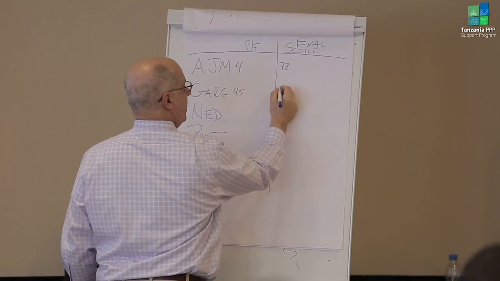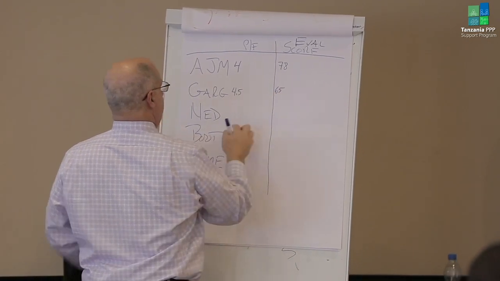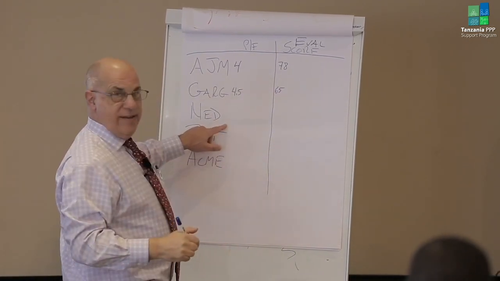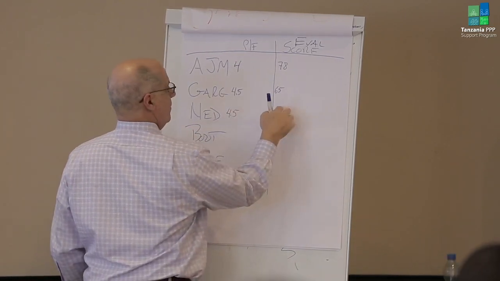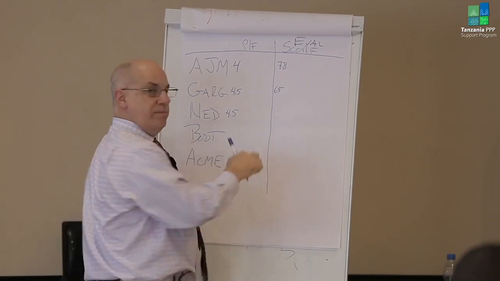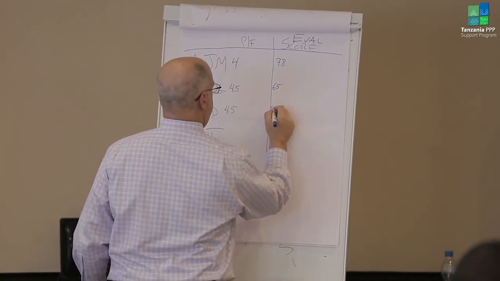78, okay. And then for Gargantuan? 4.5. Okay. The evaluation score? 65. Okay. Ned? 4.5. Okay. The score? 95. Wow, okay.